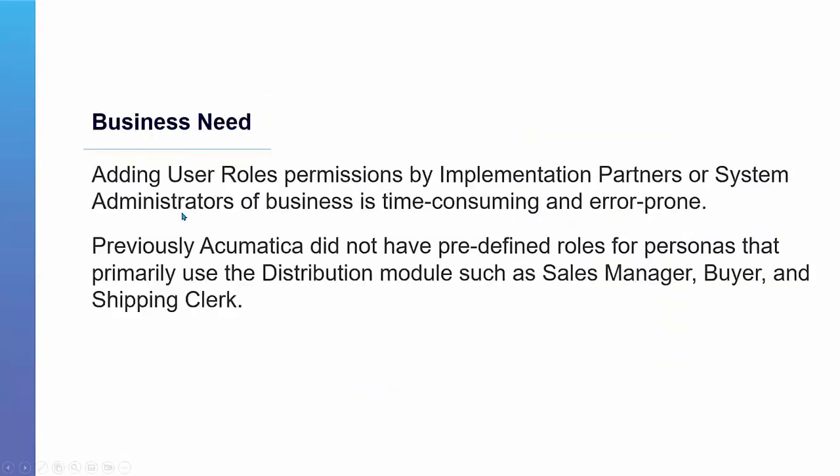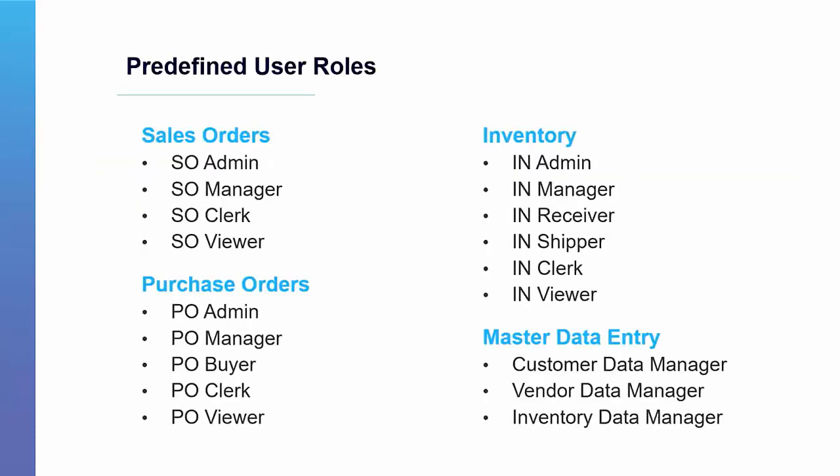All right, another big change in 2023 R1 is predefined roles have now been created for the distribution module. So many years in the making here, but now we're going to see predefined user roles have been created and will be available when you set up new users.